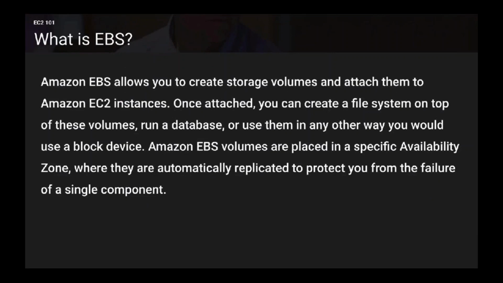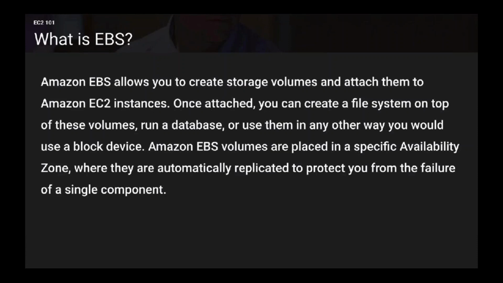Now when we talk about EBS, they are placed in an availability zone. If you talk about S3, S3 is placed in a specific region. In a region, if I have 3 availability zones, automatically 1 copy of data is stored in all 3 availability zones, which means it is creating 3 copies in the backend. But it is not the case with EBS.